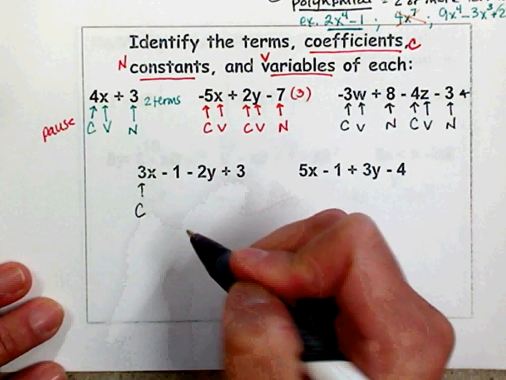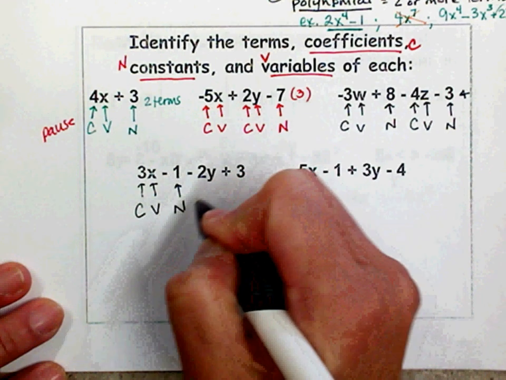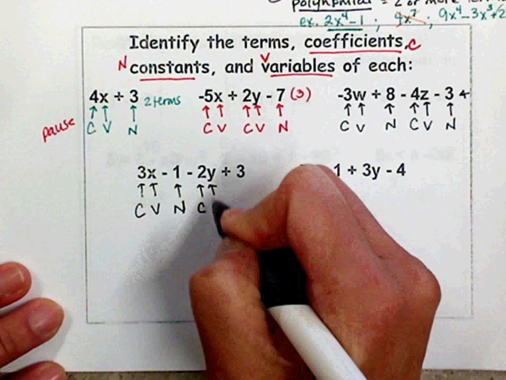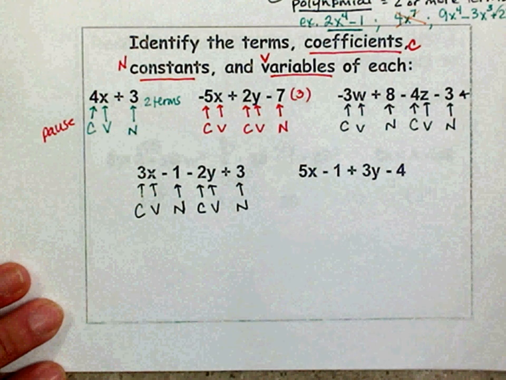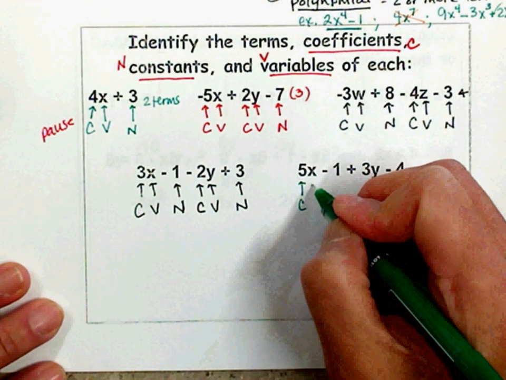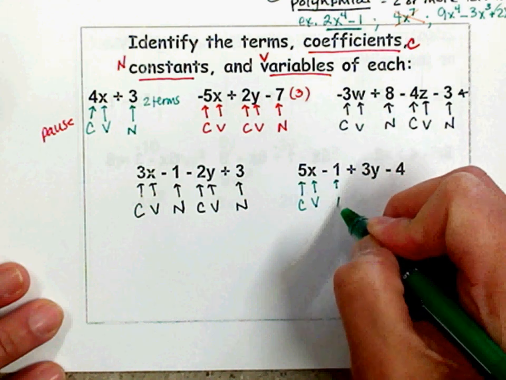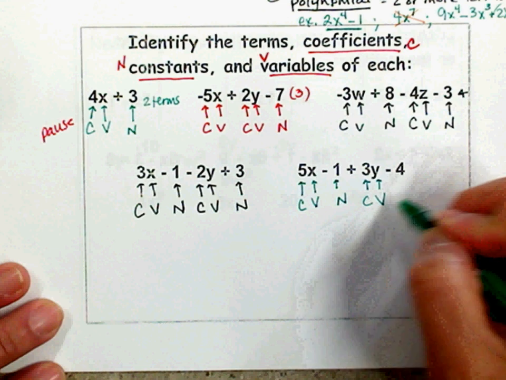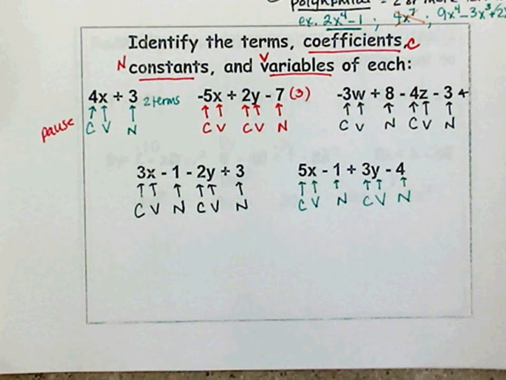Coefficient, variable, constant, coefficient, variable, and a constant. 5 is a coefficient, variable, constant, coefficient, variable, and your constant. Okay? Check your work, make sure you understand those terms.